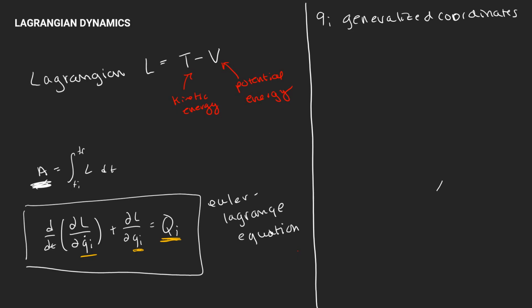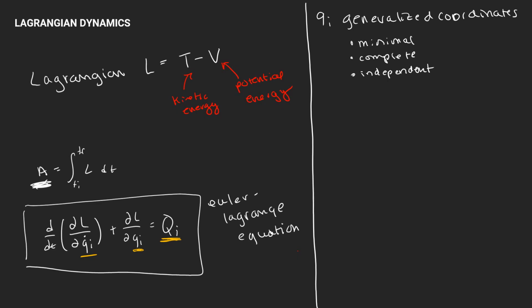And in order to be a set of generalized coordinates, these coordinates must be minimal, complete, and independent. So minimal meaning that we don't have more coordinates than we need, so no redundant coordinates.